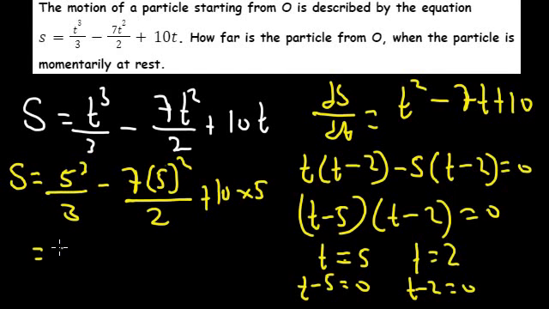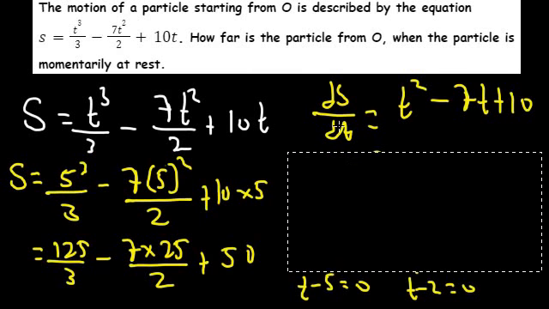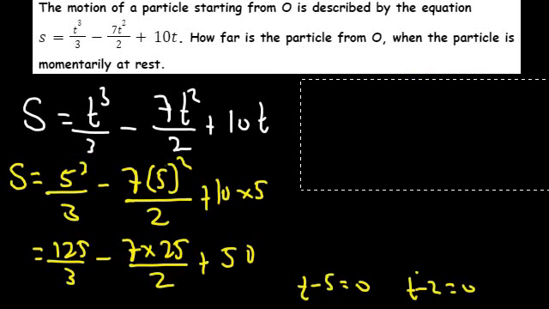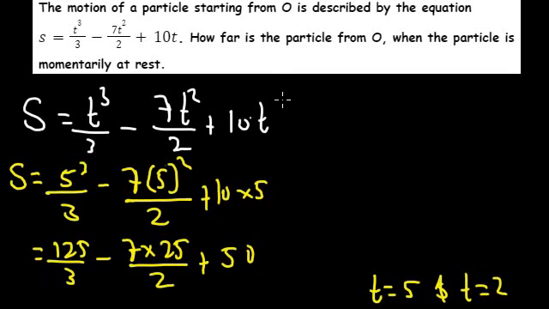So 5 to the power of 3 is 125 divided by 3, minus 5 squared is 25, and we have 7 times 25 divided by 2, plus 10 times 5 is 50. This can go, we don't need it anymore, but the times are still necessary. So t is 5 and t is 2.